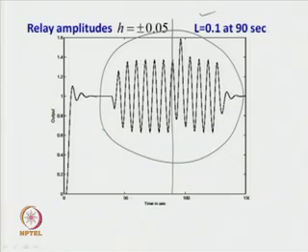Now, the relay amplitude H can be selected judiciously. It is primarily based on the magnitude of output, how much excursion around the steady state value can be tolerated. Based on that only the limit cycle height or amplitude is decided.